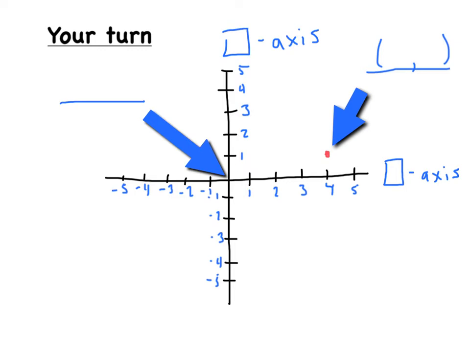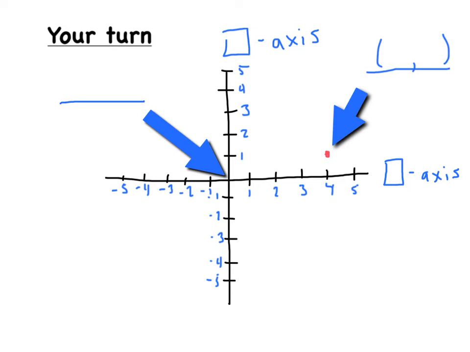Alright, now it's your turn. I have drawn a coordinate plane here for you, and I left 4 things blank for you. I would like for you to figure it out. The very first thing, starting from left to right, I have left this blank, and this arrow, what is this thing called? Fill it out. This axis right here, it goes up and down. What axis is it?